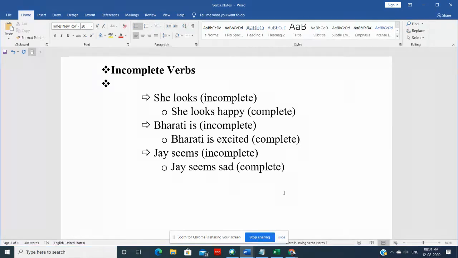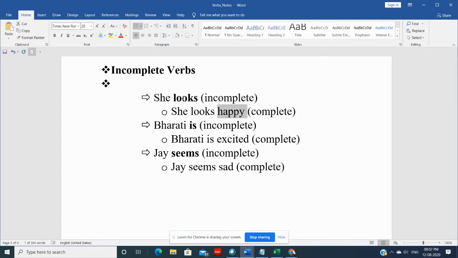Now look at these verbs: looks, is, seems. These verbs themselves are incomplete, meaning they need some words to make sense. Now, which words?